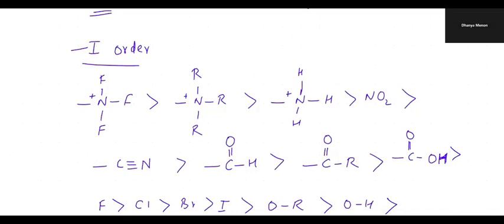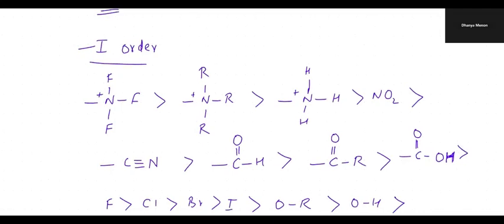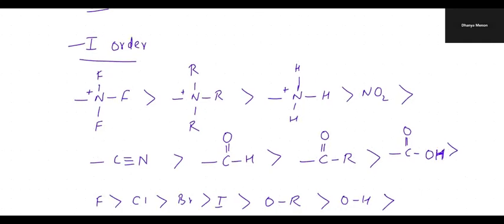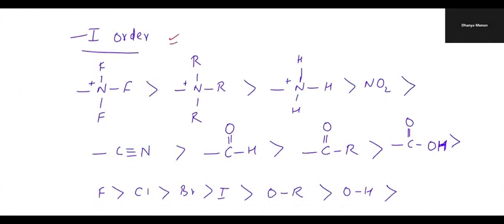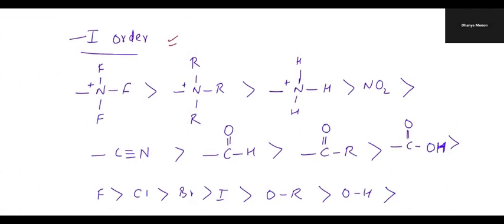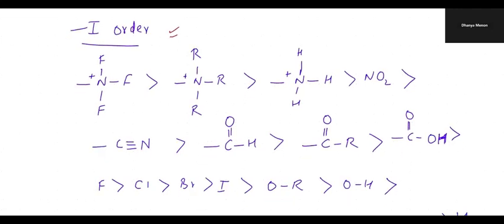So students, minus I effect means those groups that withdraw the electron pair towards themselves. Some of the groups that show minus I effect, you have to memorize this order because these are some of the common groups. The first one, NF3 group, shows the most minus I effect, that is the electron withdrawing effect. The second one, where R refers to some alkyl group.